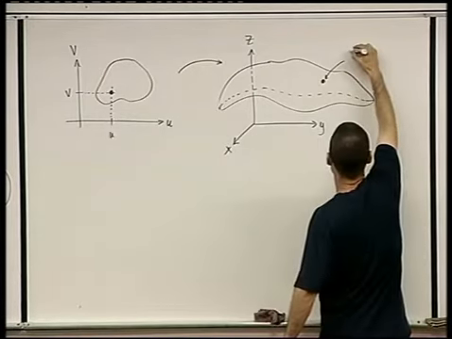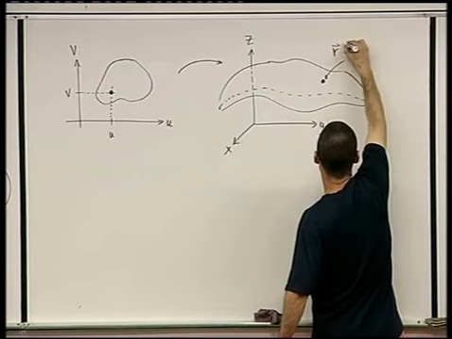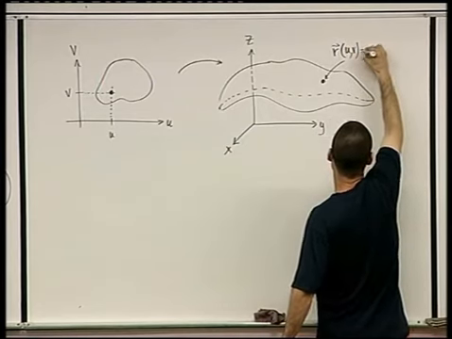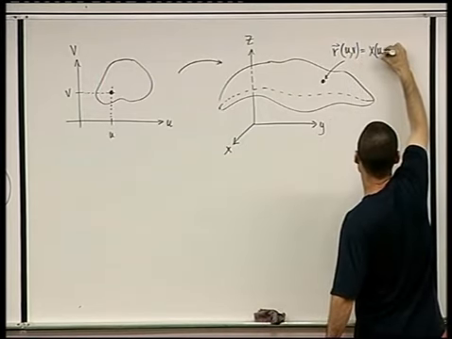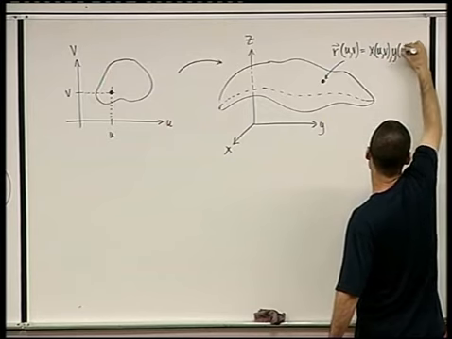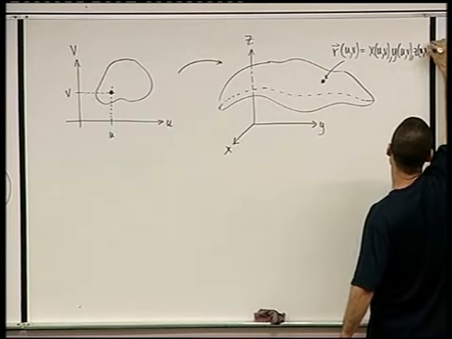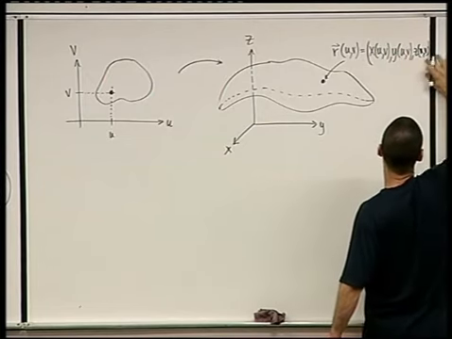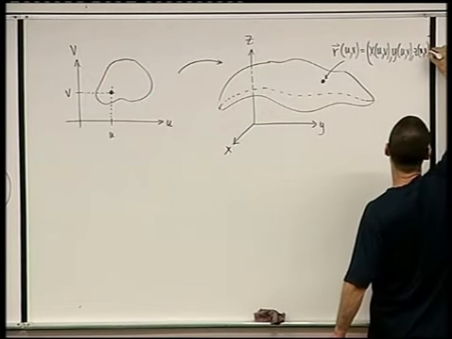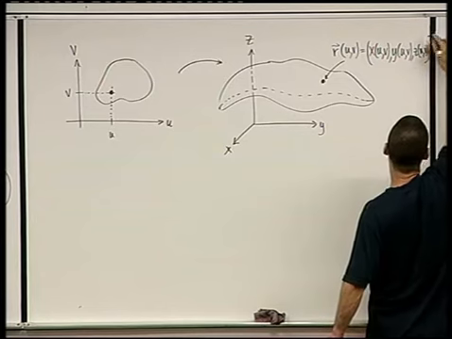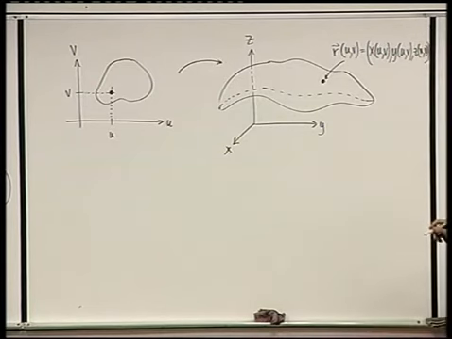So we're going to call it r of uv, which is the point x of uv, y of uv, z of uv. Good? Does everybody understand what just happened here? Okay.